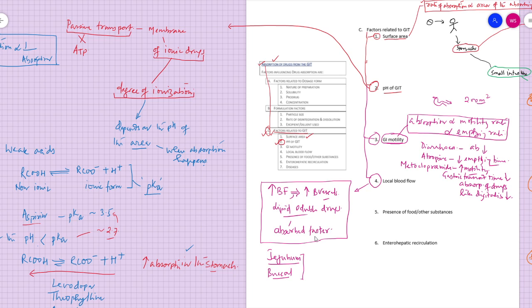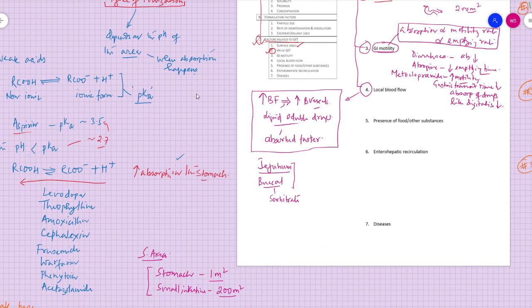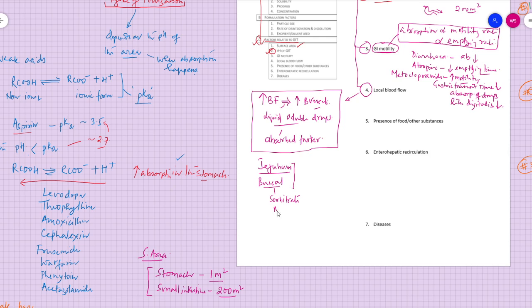As a result, for the buccal route we have drugs like sorbitrate, basically glyceryl trinitrate, nifedipine, and painkillers, say buprenorphine.